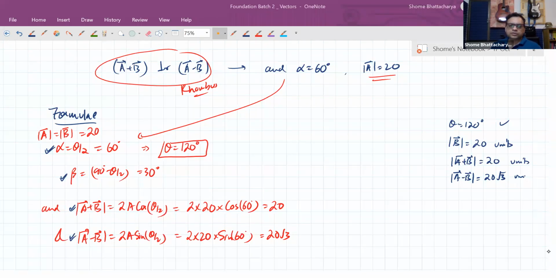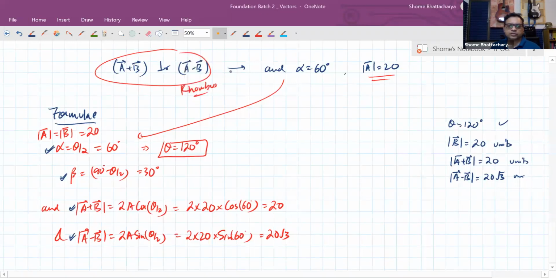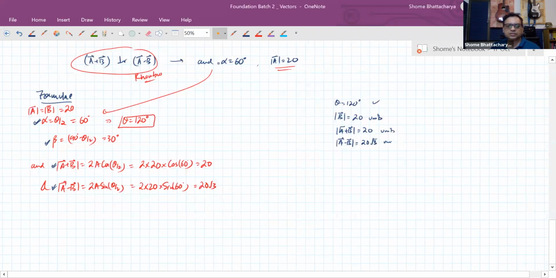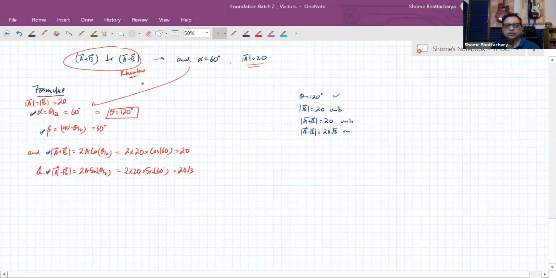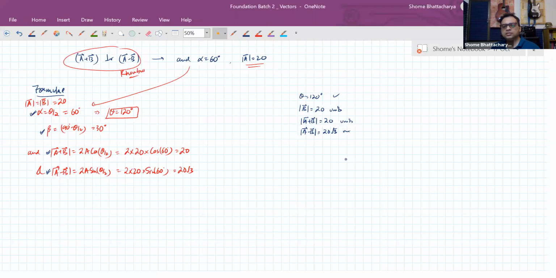Alright, so I hope all of you understood this algebraic method. Now, alternately, once you've realized that it's a rhombus, you can actually draw the rhombus. Instead of doing the formula, just use the geometrical shape.